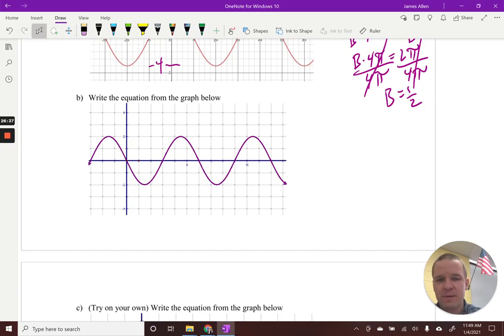Next one. Same idea. I'm going to start on my y-axis so I don't have to do a phase shift, which would be right here. It starts by going down to, it looks like -2 and +2. Okay, so there's no vertical shift. That would mean my amplitude is 2. How long does it take to repeat itself? It goes all the way, let's see here, and we're back at that spot right there.